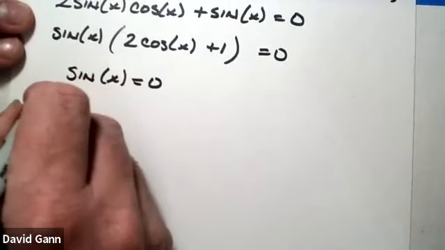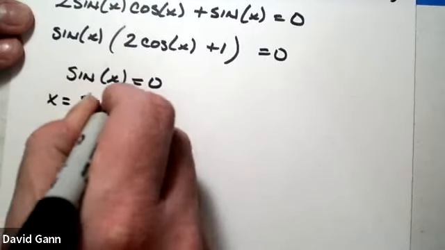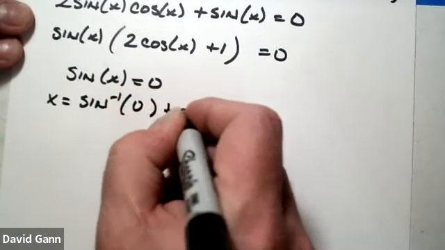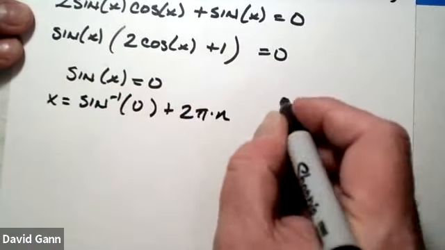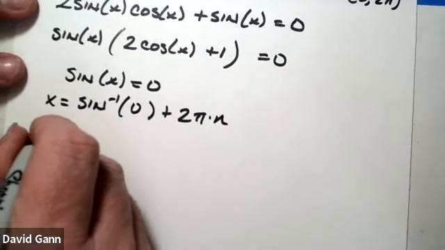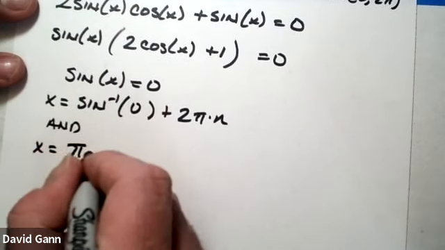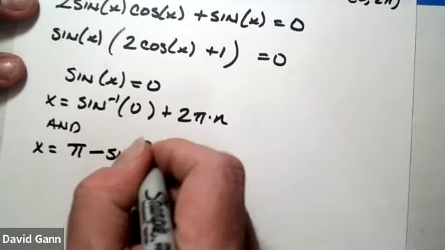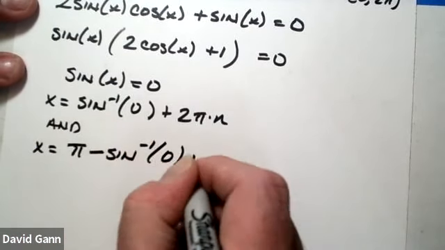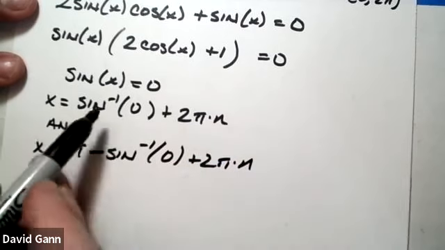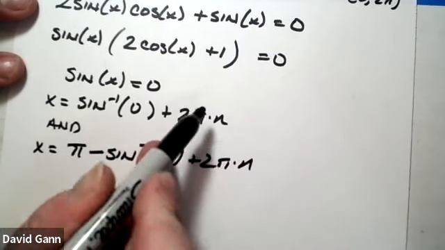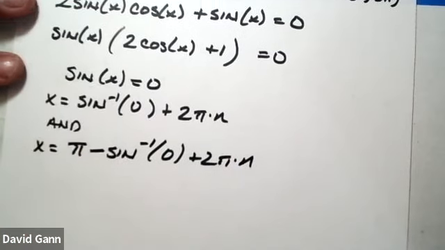First off, x is equal to the inverse sine of 0 plus 2 pi times n, and x is equal to the supplement of the inverse sine of 0 plus 2 pi times n. There's my principal root, there's my alternate root, there's the business for the period on sine.